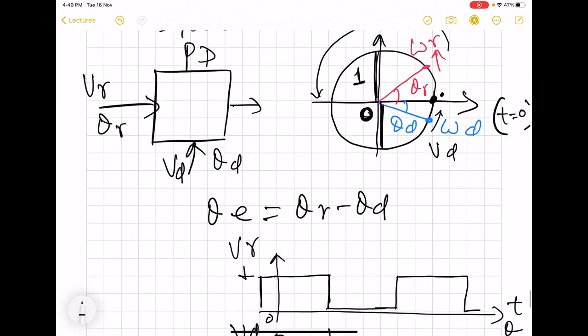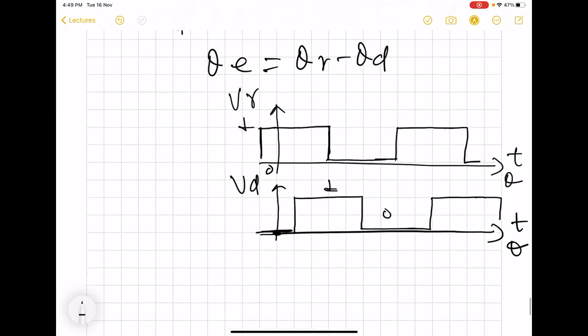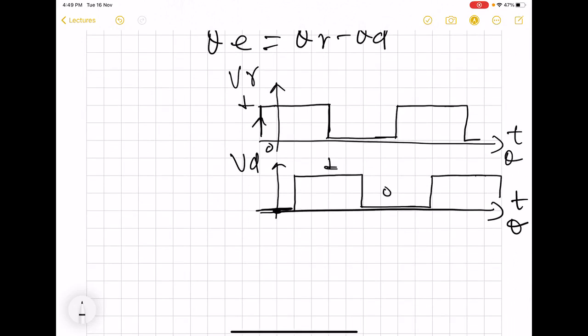Here we see that as this theta r increases, the phase difference between them is going to increase. At this moment, if we capture the quantity which is the gap between these two rising edges, that will give me the idea of the phase error between them.